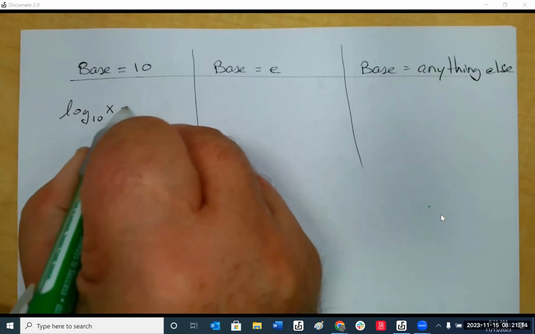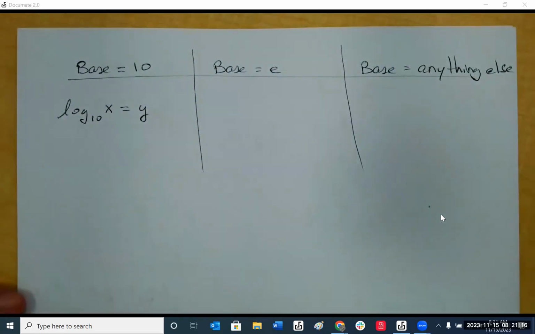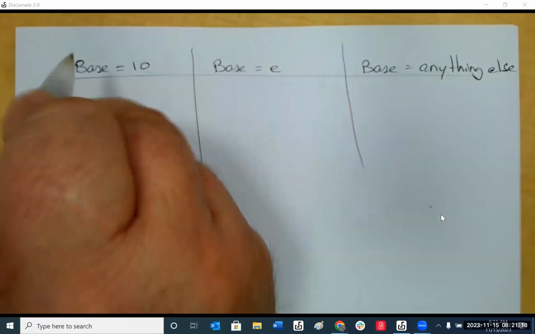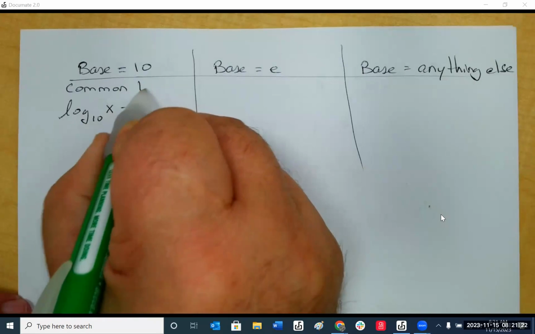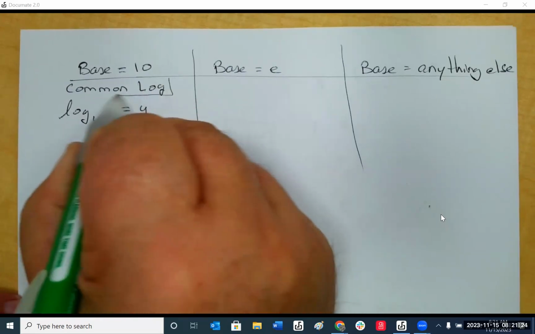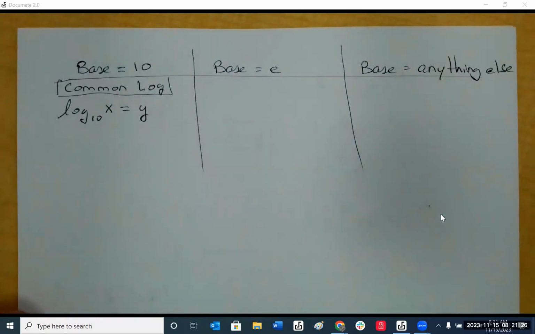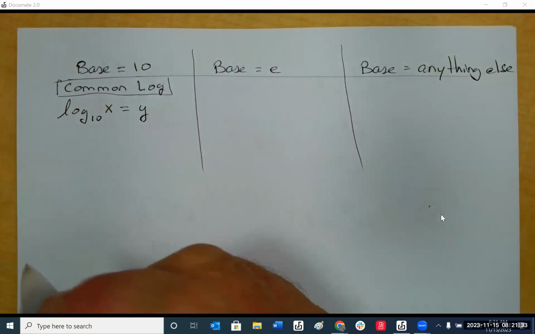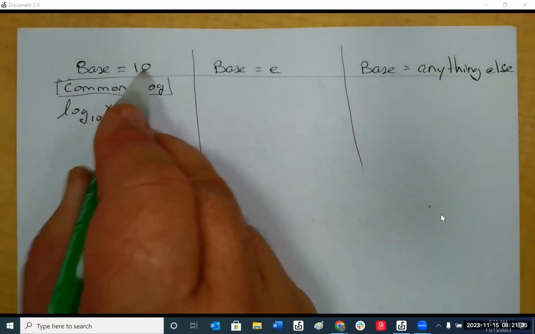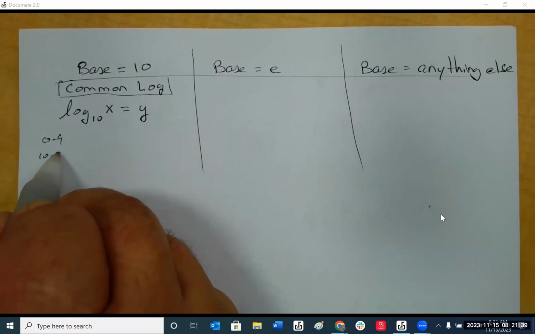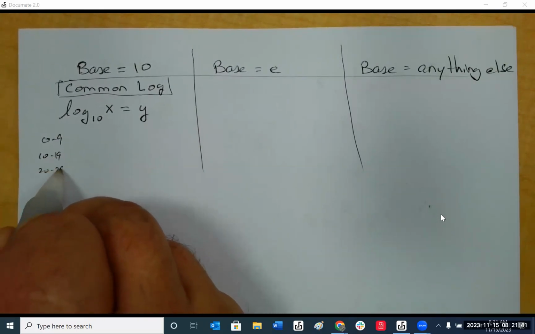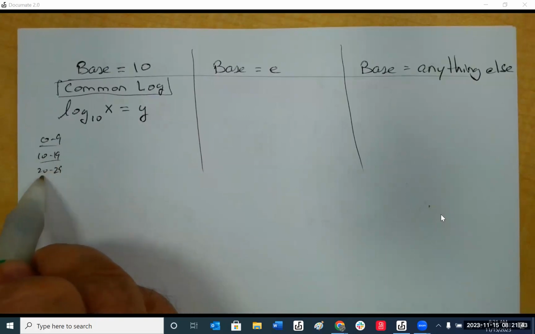Log base 10 of x equals y. If it's base 10, we call this a common log. It's called a common log because our counting system, our numeric system, is already base 10. We go from 0 to 9, 10 to 19, 20 to 29. 10 numbers inside each of these.